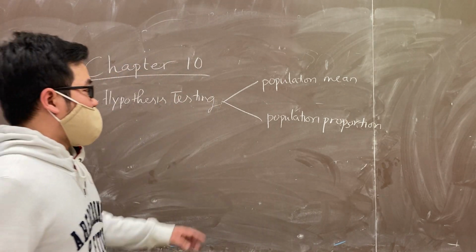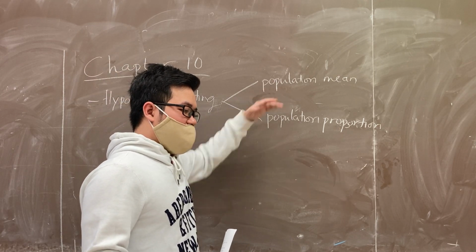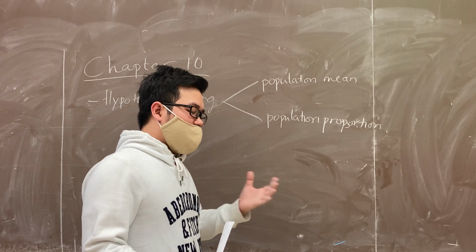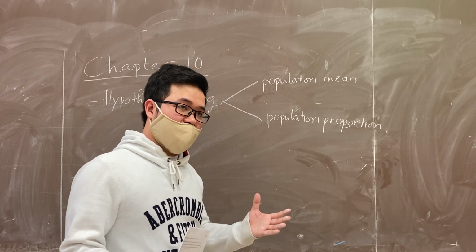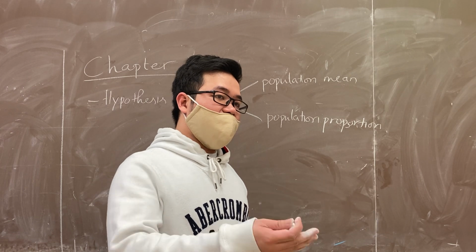Regarding the population mean, for example, they say that 50% of students at Western University have a GPA greater than 3 over 4.